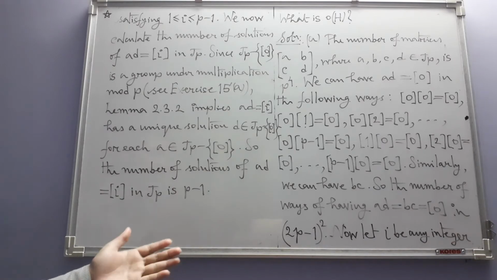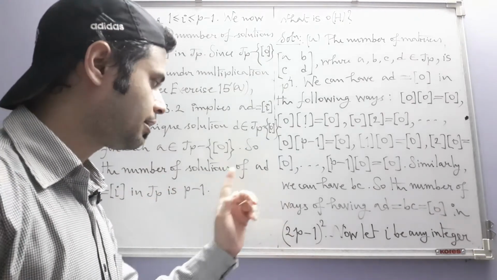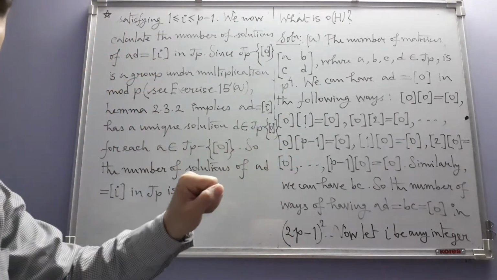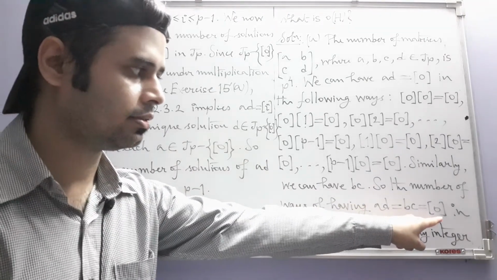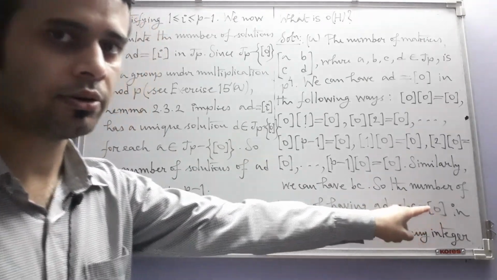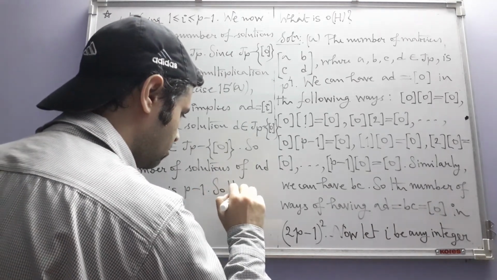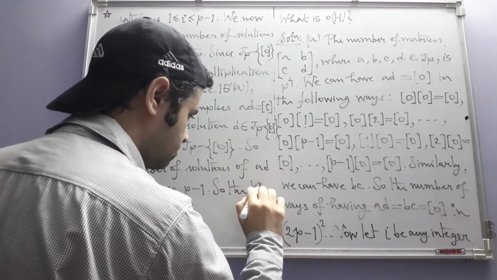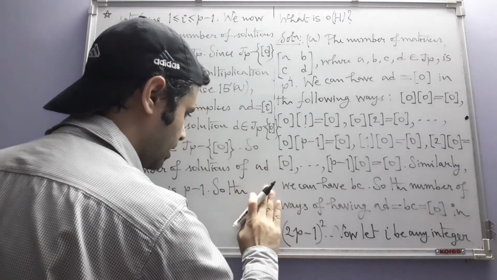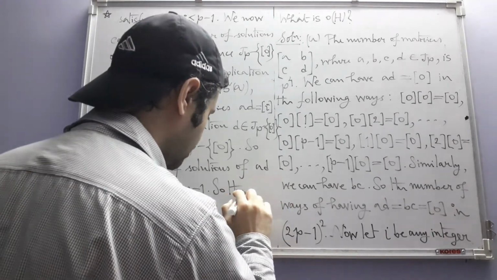Now we can calculate in how many ways we can have AD equal to BC equal to I, just like we calculated this here where we had 0 in place of I. So, or let us not write total, the solution isn't over yet.